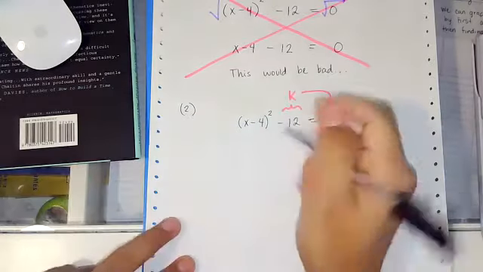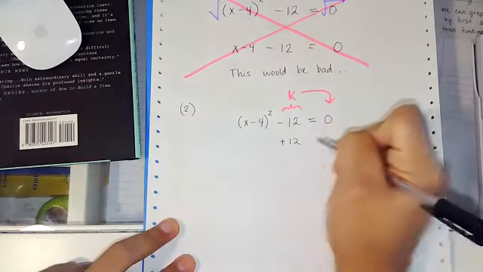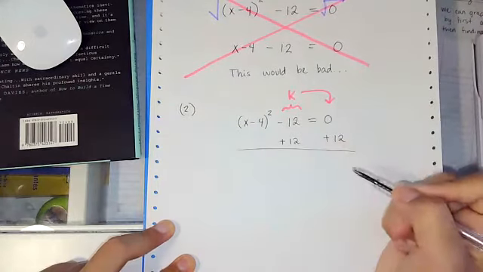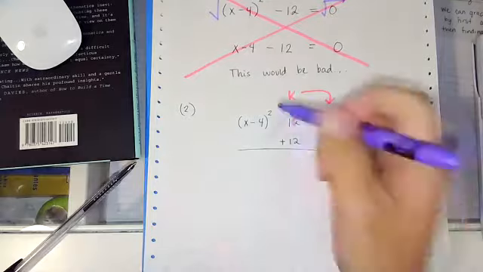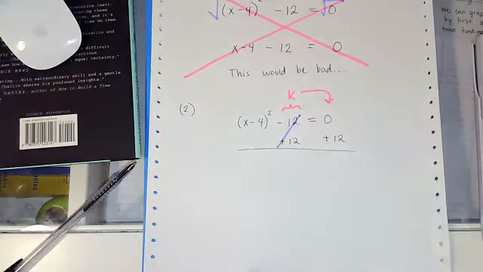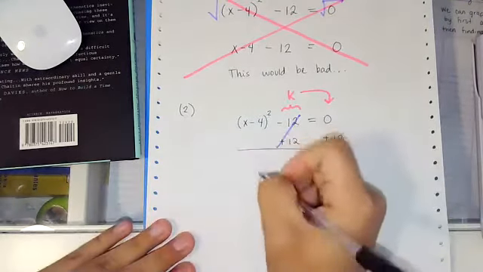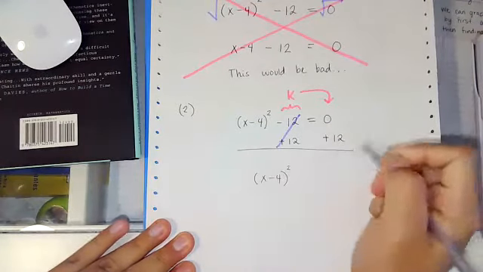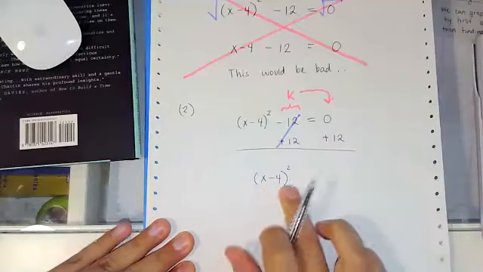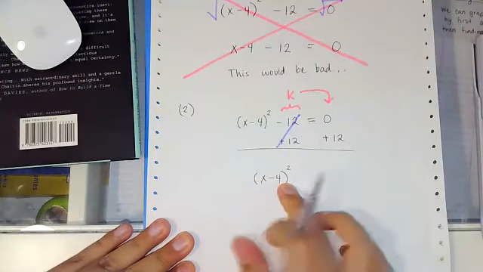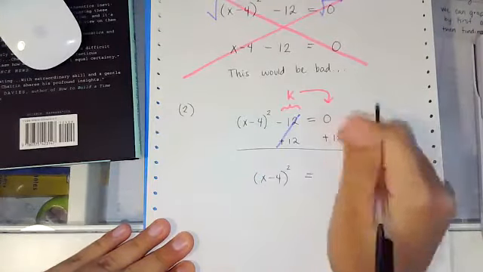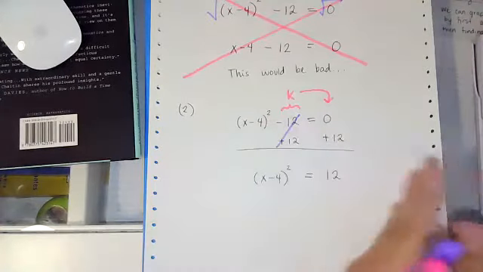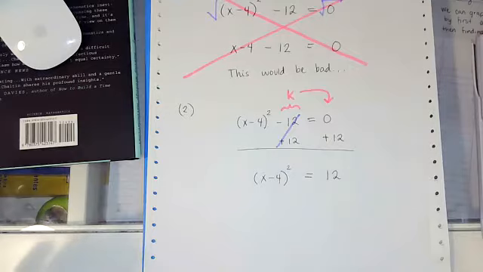So we can always just add 12 to both sides so that we can cancel out the 12s here. Okay. And now we have something that looks like x minus 4 squared. And that's by itself. We've isolated the squared expression, and that's equal to 0 plus 12, which is positive 12. So now we have k on the other side. That's the proper setup.